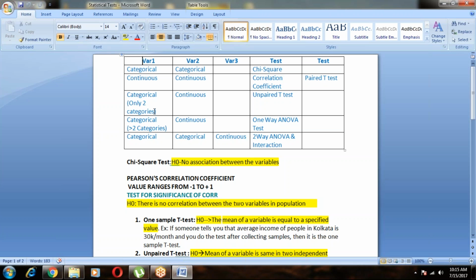City-wise, Kolkata and Bangalore, two cities, means two groups I have considered, and cities are categorical in nature. I want to test whether Kolkata's average income and Bangalore's average income are the same or not. At that time I use the unpaired t-test.